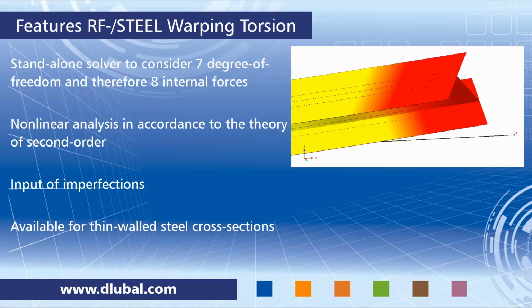The 7th degree is the warping torsion degree of freedom, beside the usual translational and rotational degrees of freedom. It is performing a nonlinear analysis in accordance with the second order. You can enter imperfections, and in general this extension is available for thin-walled steel cross-sections.